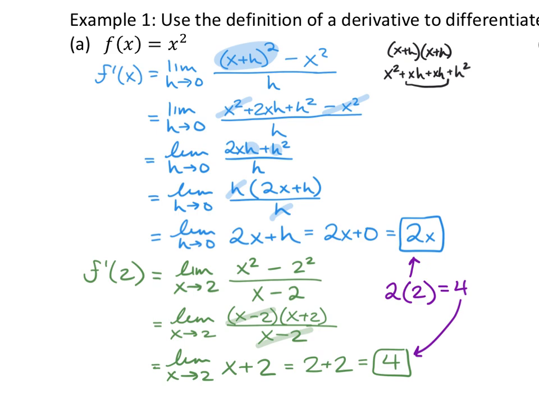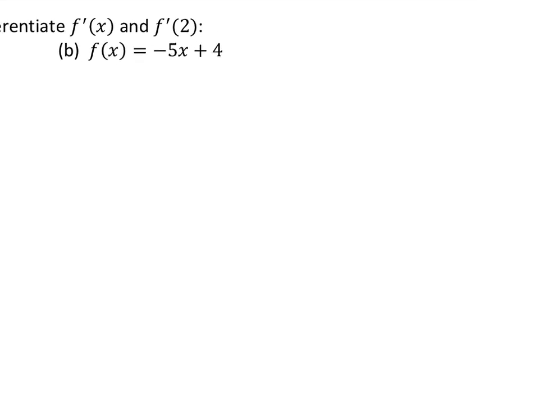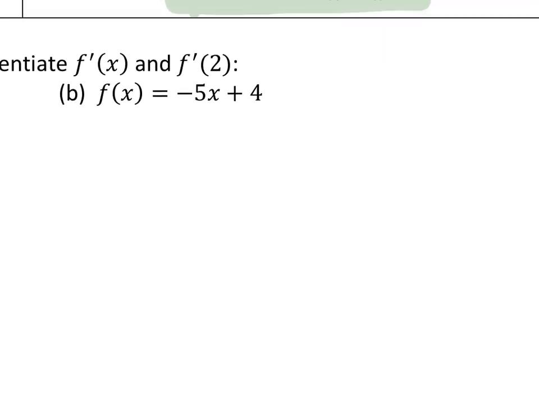Can we do it again? This one's a little bit simpler. Okay, then we're going to do the same thing for the equation f of x equal to negative 5x plus 4. The first thing we're going to find is the equation of the line tangent to it. Then we'll find the actual slope at a particular point. So to do this, we're going to take the limit as h approaches 0 of the function.